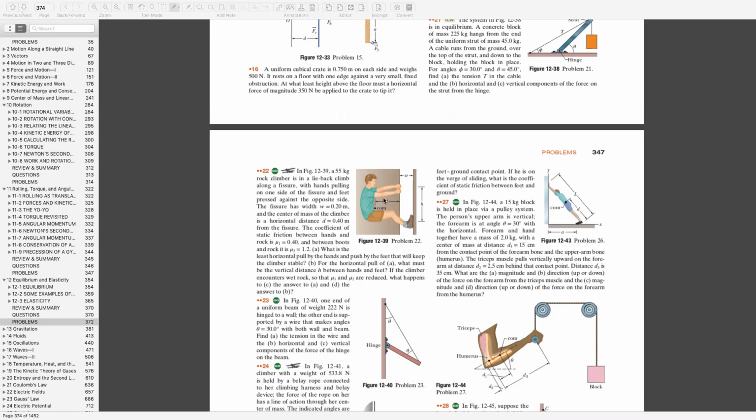This is 0.2, 0.4. And the guy is holding this and pushing this part to remain stable.